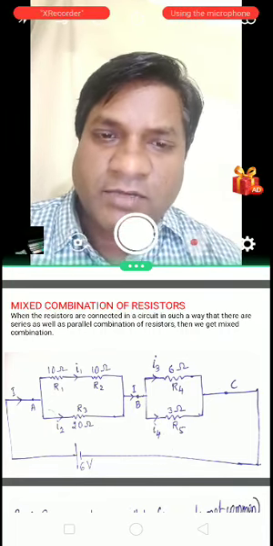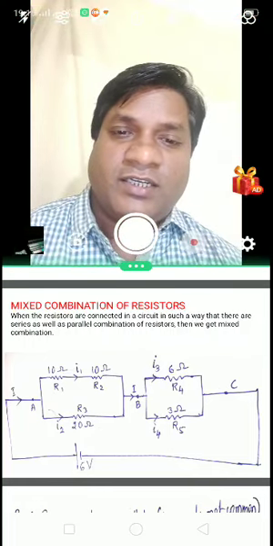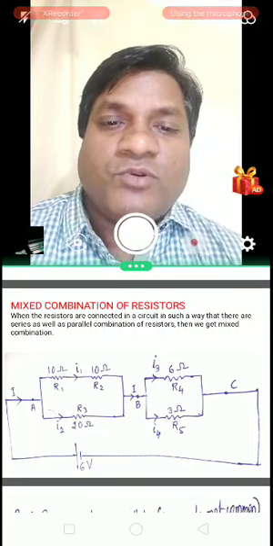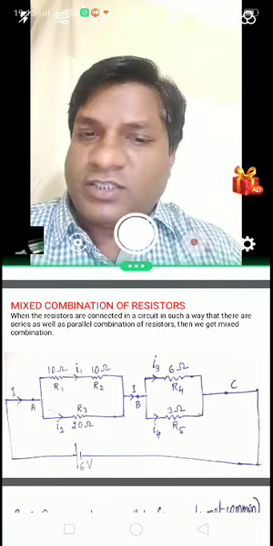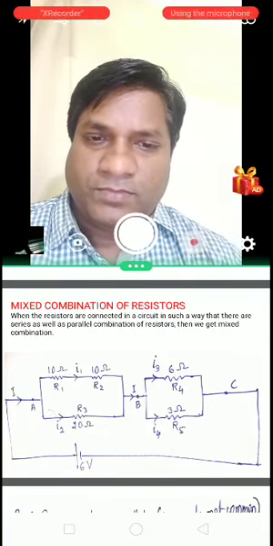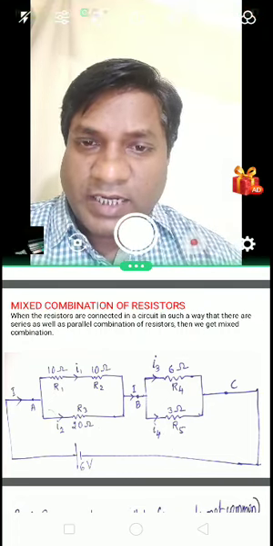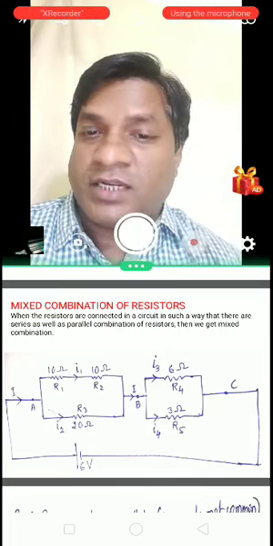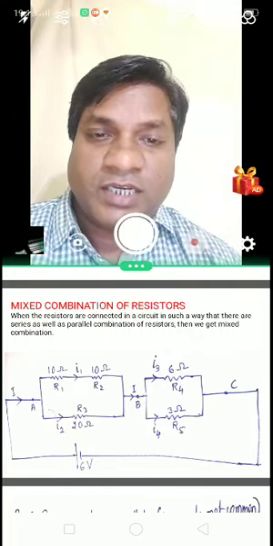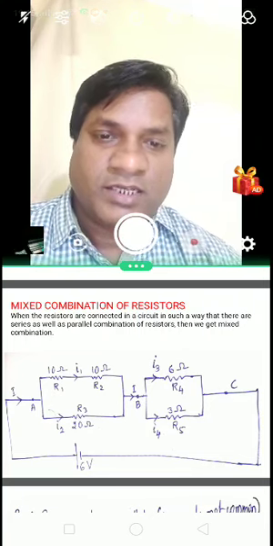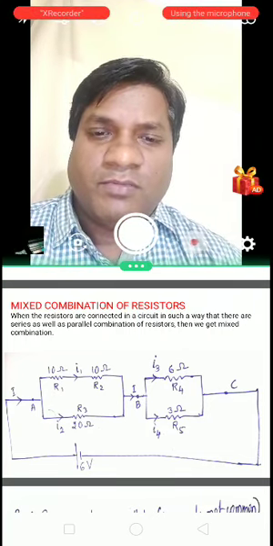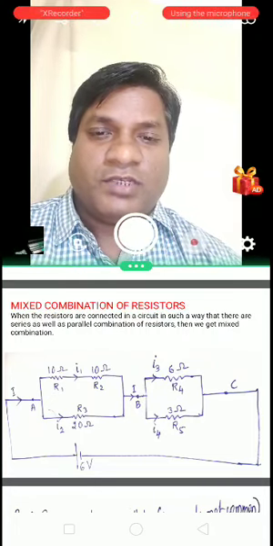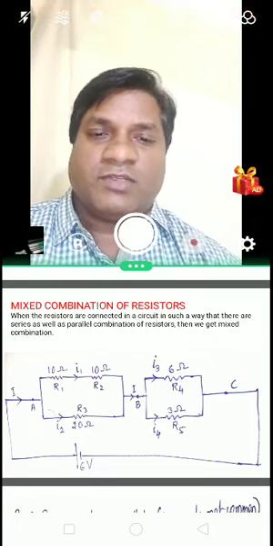Now this entire combination is again connected in series to the parallel combination of two more resistors, that is 6 ohm and 3 ohm. So based upon this diagram, we may be asked to find out the current through any particular resistor, or the potential difference across any particular resistor, or we may also be asked to find out the total potential drop or equivalent resistance of the circuit.